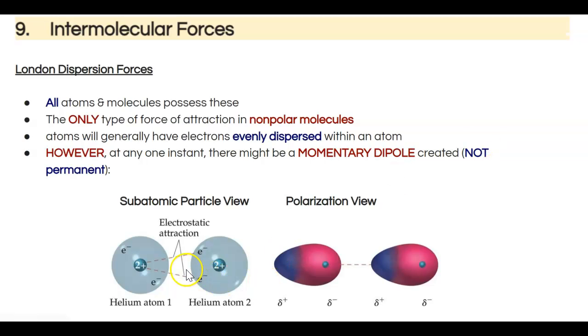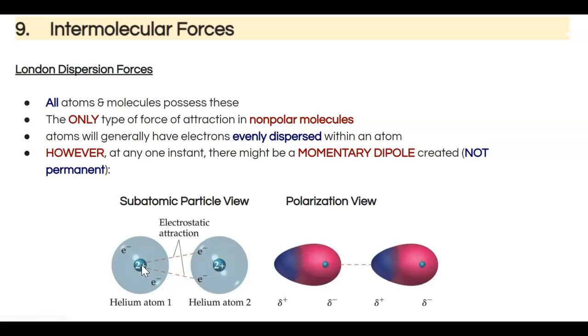So I want you to imagine that you have particles with electrons moving around in their electron clouds. At any one moment in time, one particular atom's electrons might be on one side of that electron cloud, and that probably repels the electrons in the adjacent atom, but also causes these two atoms to be attracted to each other because of their oppositely charged nucleus, right?